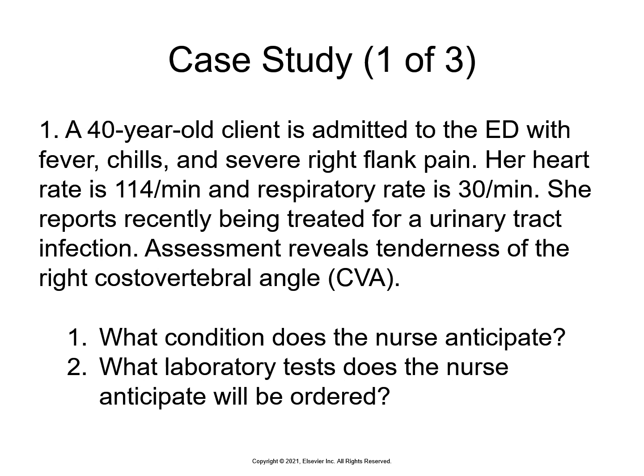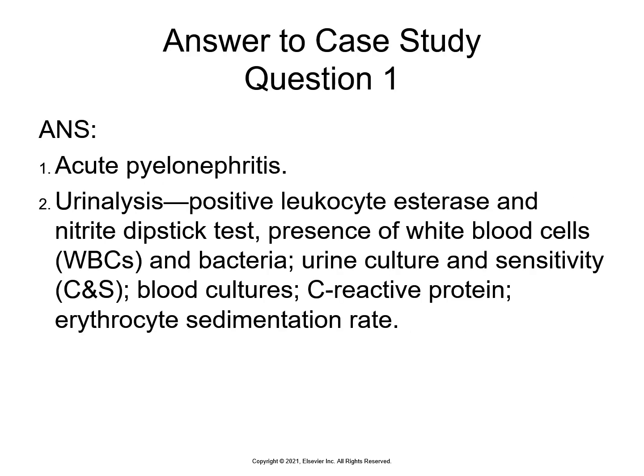So does she now have what? Pyelonephritis? I think so. What do you think? There it is. Acute pyelonephritis. And of course you're going to do a urinalysis. It should be positive for nitrates, white blood cells, bacteria.